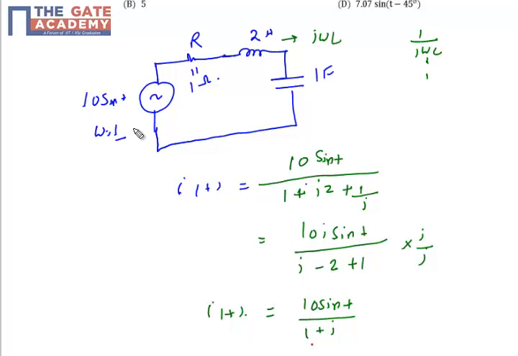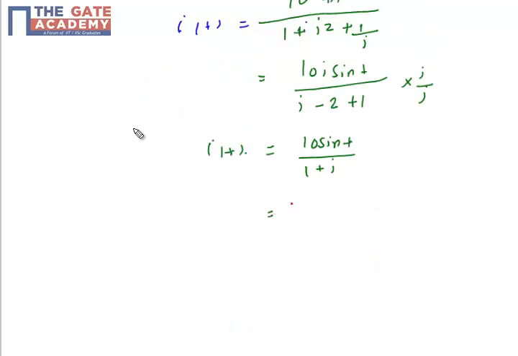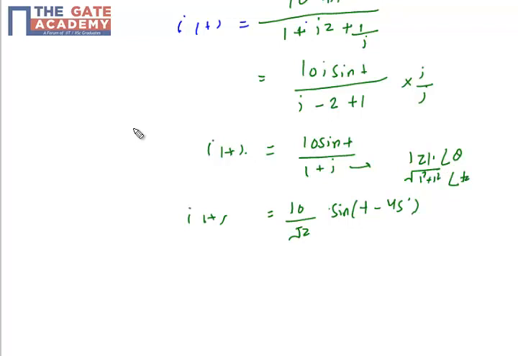Just take the magnitude and the phase, so you will get the expression as 10 by root 2 into sin of t minus 45 degrees. Write the denominator in magnitude and angle form: magnitude is the square root of 1 squared plus 1 squared, angle is tan inverse of 1 by 1, which is 45 degrees.